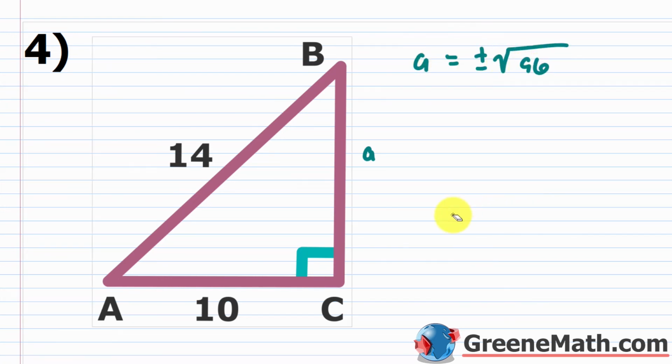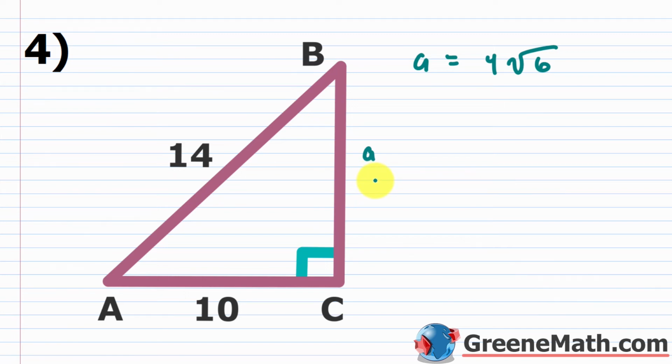Now, because we're talking about a length here, you don't want the negative square root, you just want the principal one. And of course, you could estimate this because 96 is not a perfect square, or you could break it down and say that 96 is 16 times 6, and 16 is a perfect square, so this could be 4 times the square root of 6 if you wanted to write it like this. But in this particular case, I prefer to estimate it.